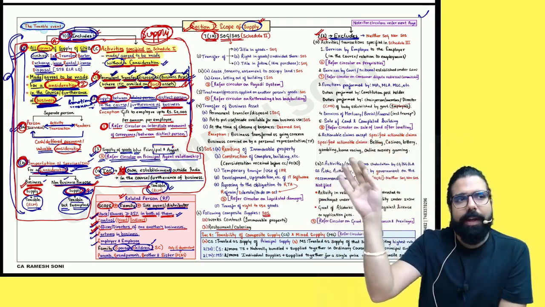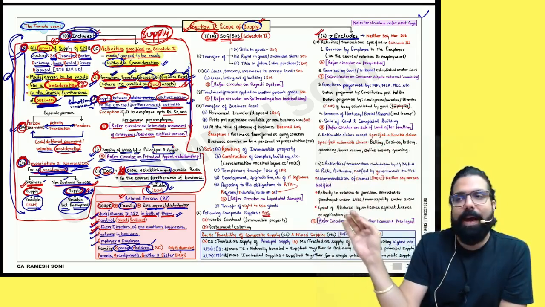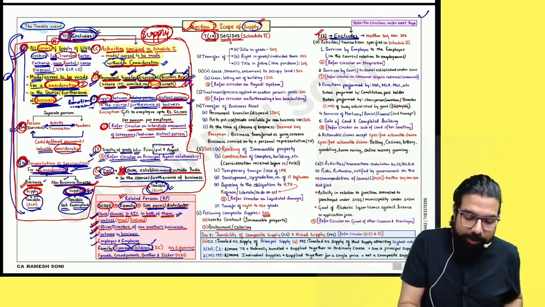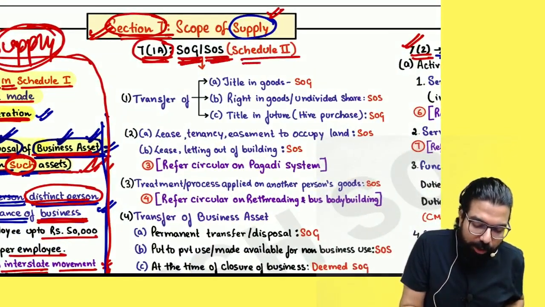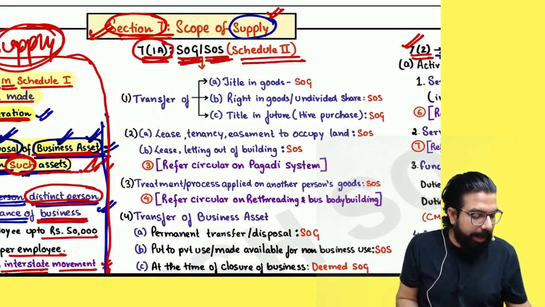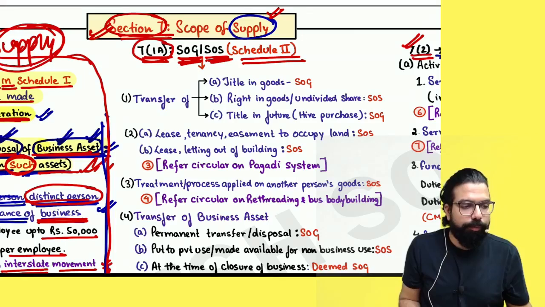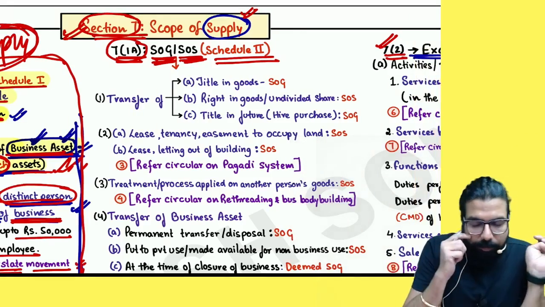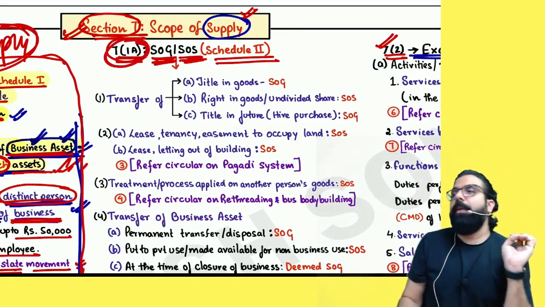Section 7.1, A, B, and C. Now we will see whether the activity is supply of goods or supply of service, and that is told in Schedule 2. Let's now discuss Schedule 2. When you go from section 7.1 to 7.1A, what does 7.1A say?